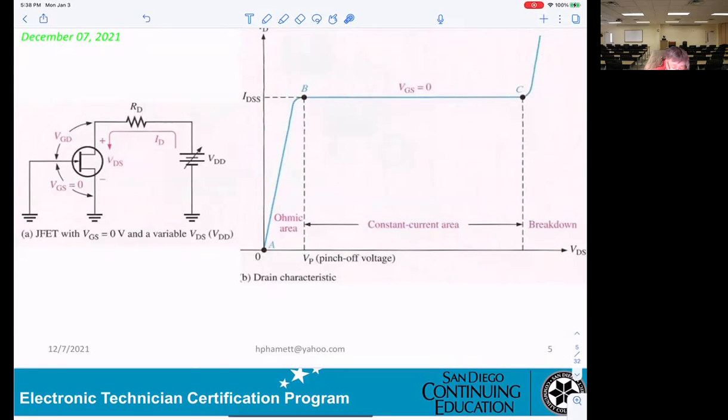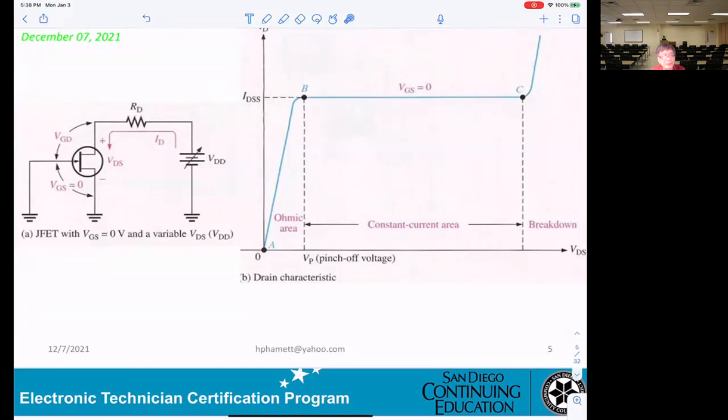Okay, so when they reach point B, going down, you can see VP stands for pinch off voltage. When they get to point B, we start at the VP, and the current ID will now be constant.